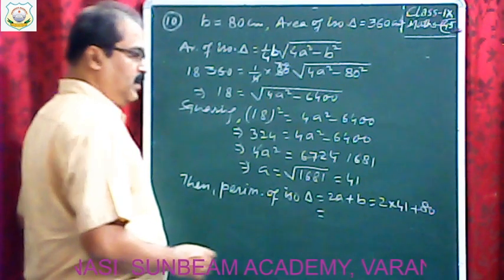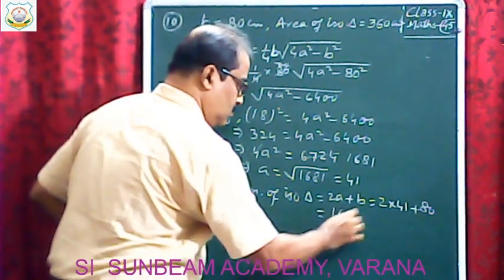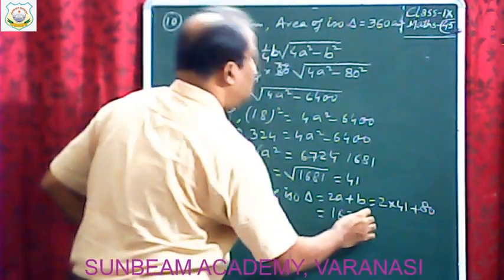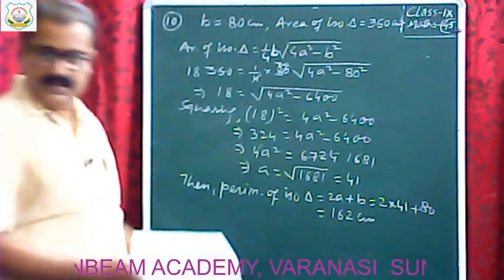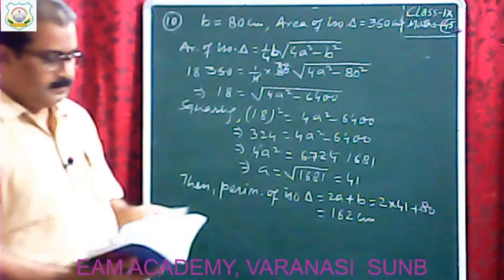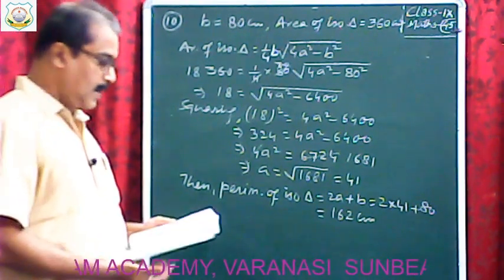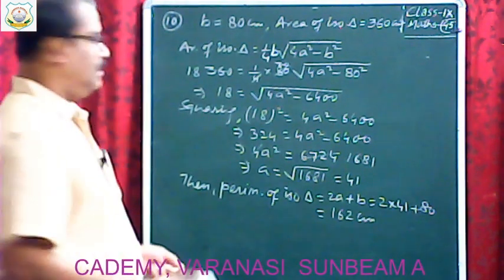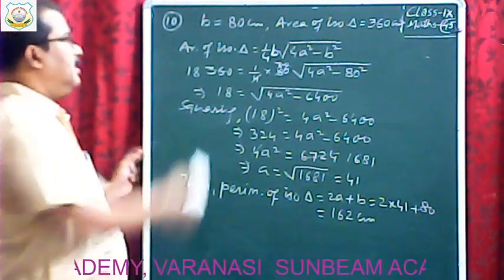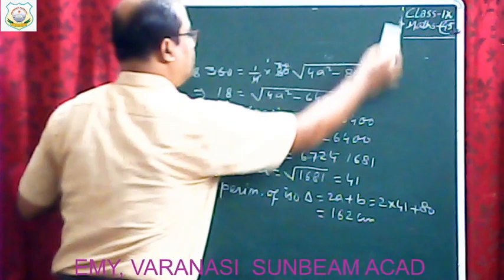So 82 plus 80, 162 centimeter. Okay, very simple. Written everybody? Okay. Come to next.